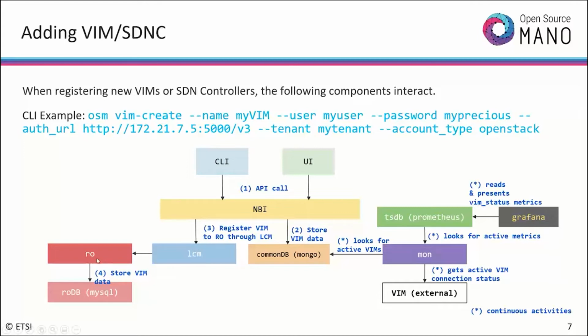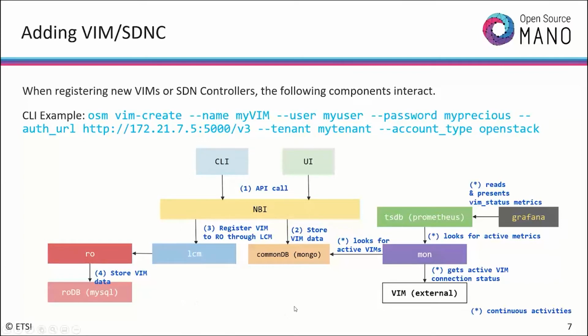This is required because RO in the end will have to talk to the VIM, and it's useful to do some initialization in the RO, to create the necessary runtime environments to interact with the VIM. So that's what happens through this line here when a VIM is registered.